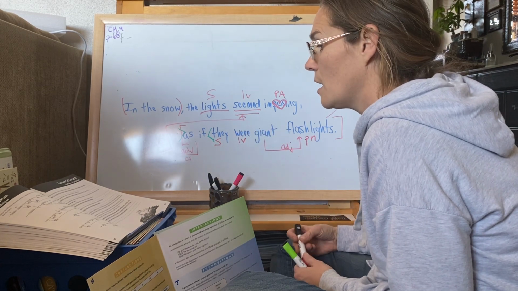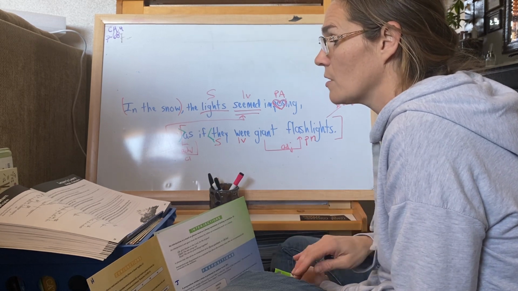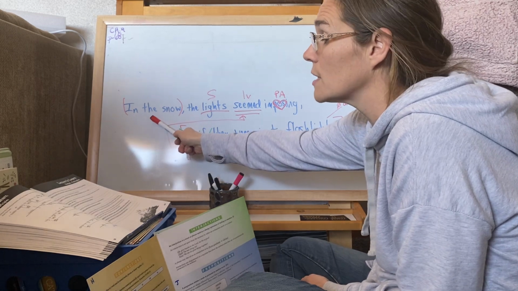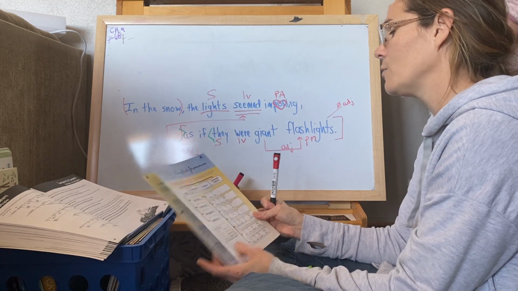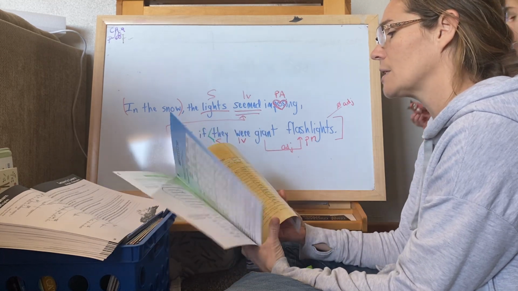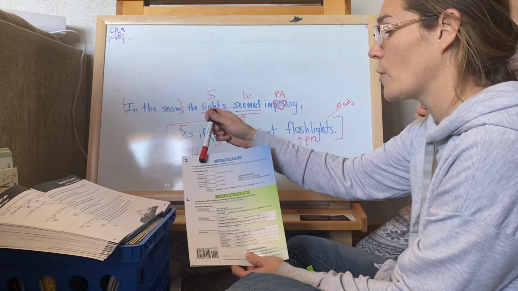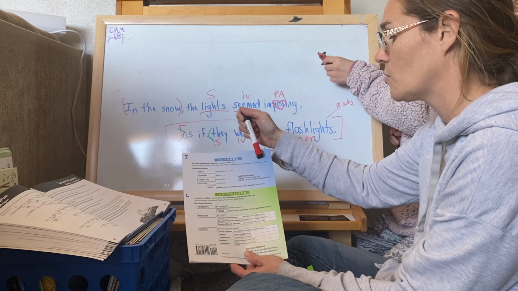All right. So now all we have for a modifier, our last one, is our prepositional phrase. Is it adverbial or is it adjectival? You're like, oh, how do I know the difference, Miss Tiffany? Well, adverbs, remember, ask the question how, when, where, why, how often, how much, to what extent, under what condition.